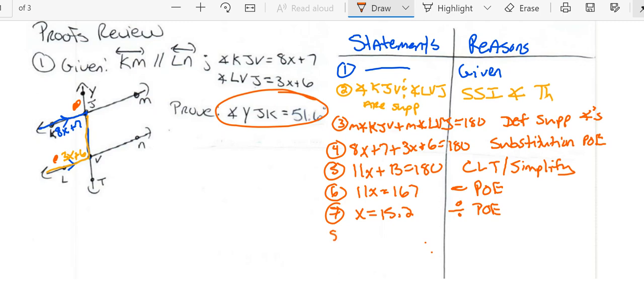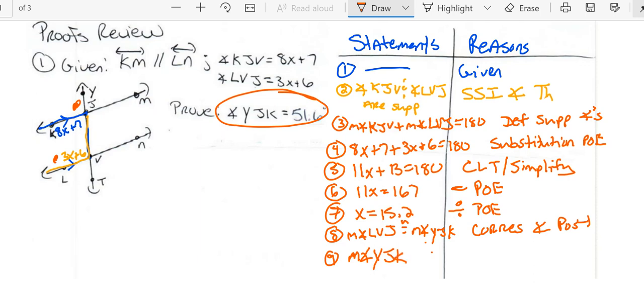So I'm going to go for step 8, and I'm going to say the measure of angle LVJ is congruent to the measure of angle YJK, and that's the corresponding angles postulate. And therefore, for number 9, we can say the measure of angle YJK equals 3 times, what's x, 15.2 plus 6. Well, I guess we could just say the x first, then we'll substitute again.